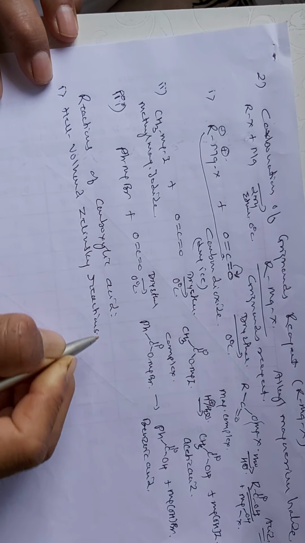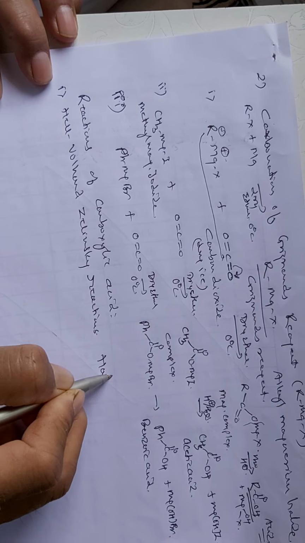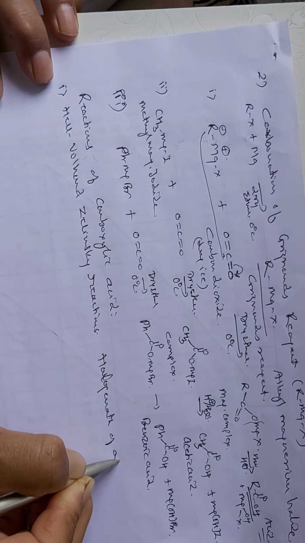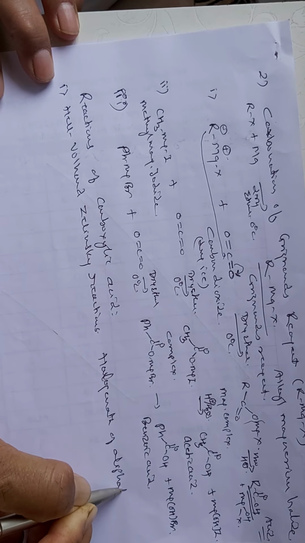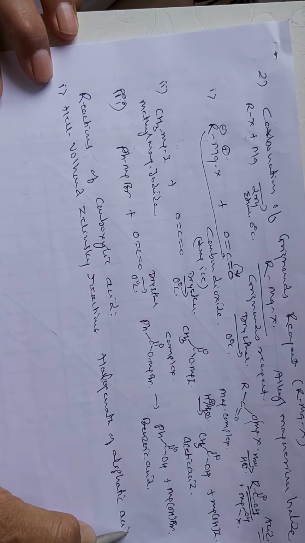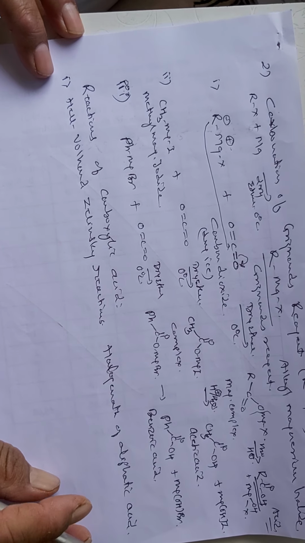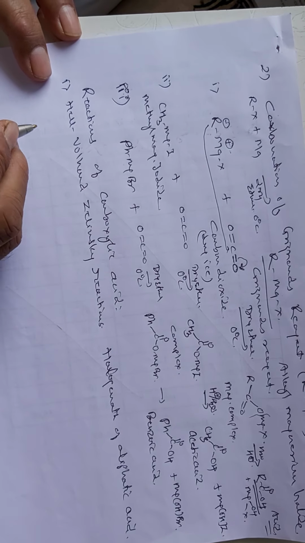So this is the halogenation of aliphatic acids. Halogenation of aliphatic acid means acids like acetic acid, propionic acid, so here only aliphatic acids are used.